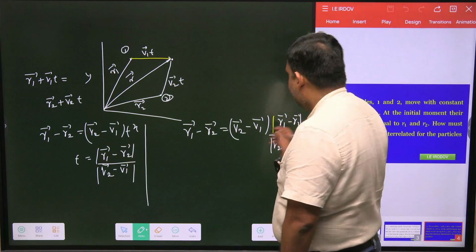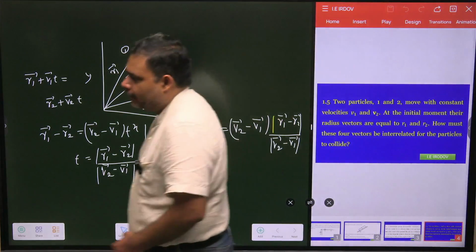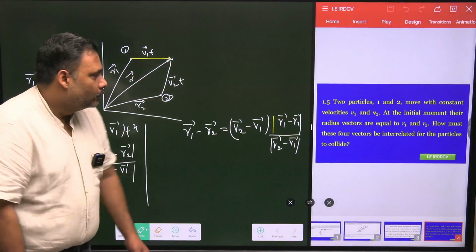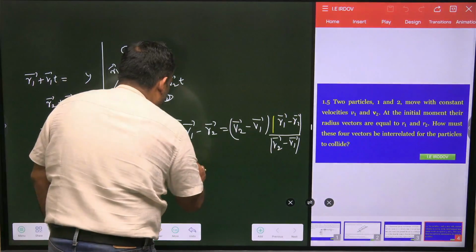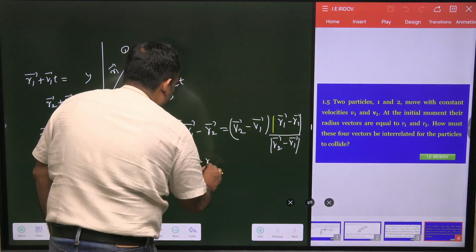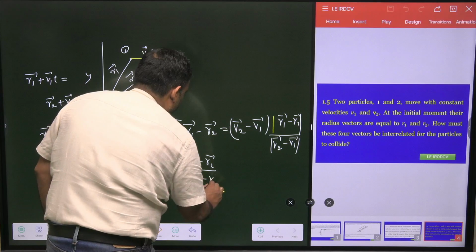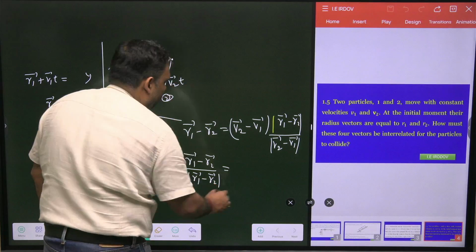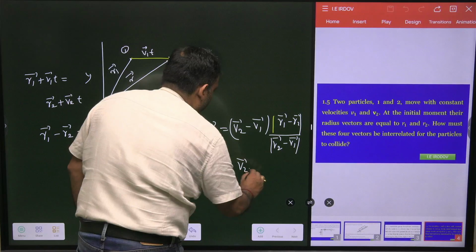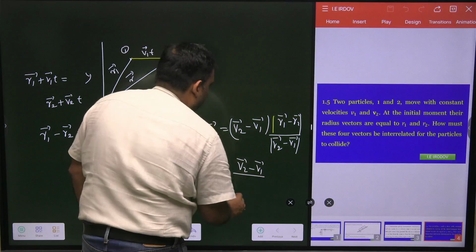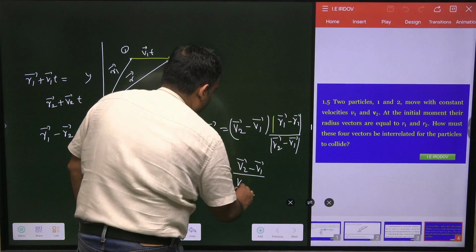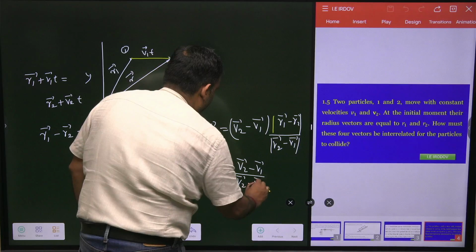Now we can separate the position part together and the velocity part together. So we have r1 minus r2 divided by mod r1 minus r2 must be equal to v2 minus v1 divided by mod v2 minus v1.